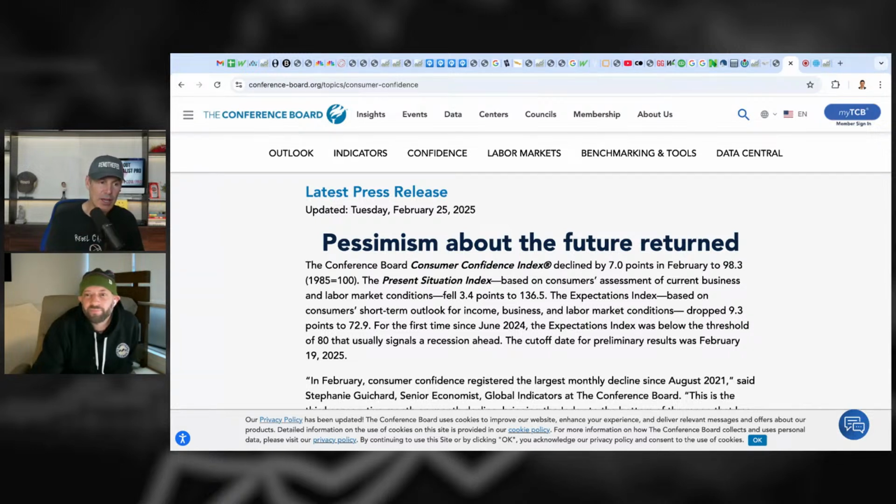But looking at the expectations index specifically, based on consumers' short-term outlook for income, business, and labor market conditions, it dropped by 9.3 points to 72.9. This is the first time since June of 2024 the expectations index was below the threshold of 80 that usually signals a recession ahead.